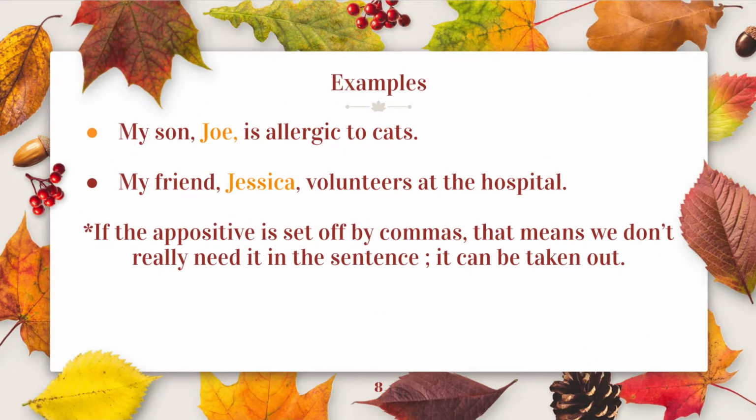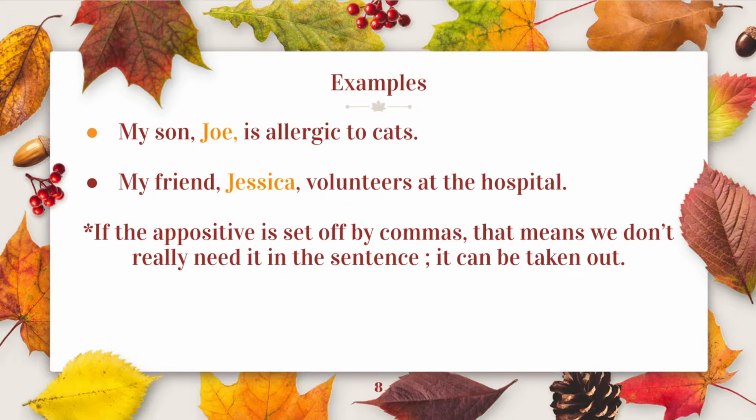Let's continue looking at some examples. My son, Joe, is allergic to cats. My friend, Jessica, volunteers at the hospital. In these two examples, the nouns Joe and Jessica can be taken out and the sentence would still be clear.